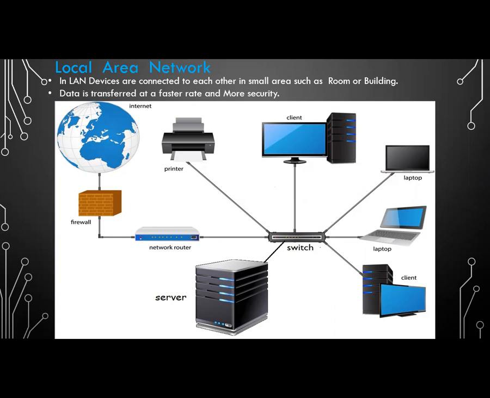Now we know all the devices are connected by using cable. That is a better option. I'm not saying wireless is not good in a local area network, but in most cases within a local area network also, we are using cables.